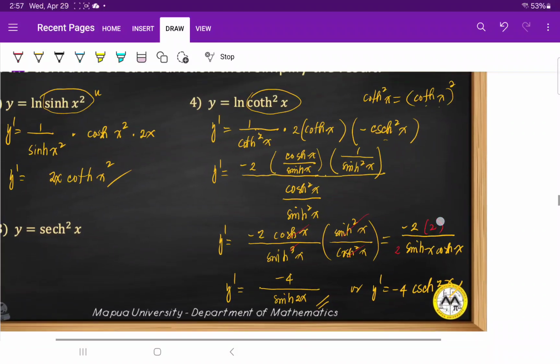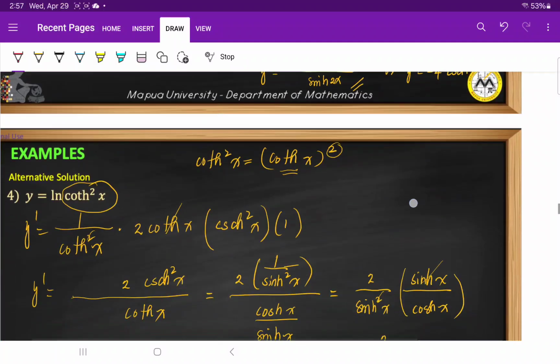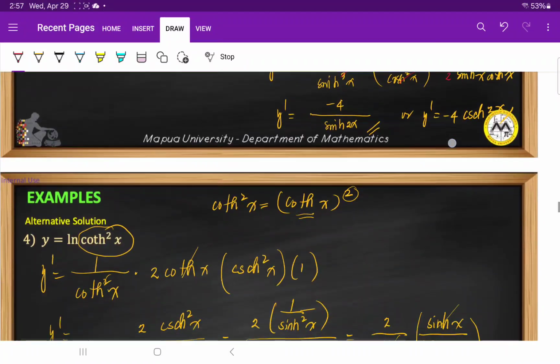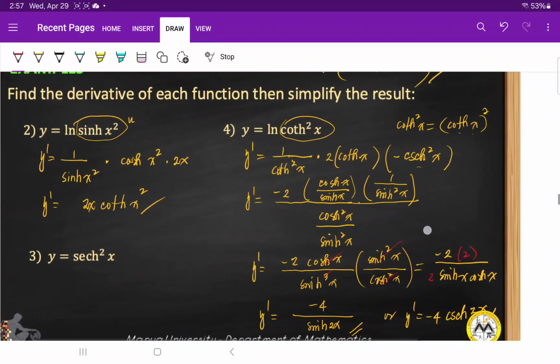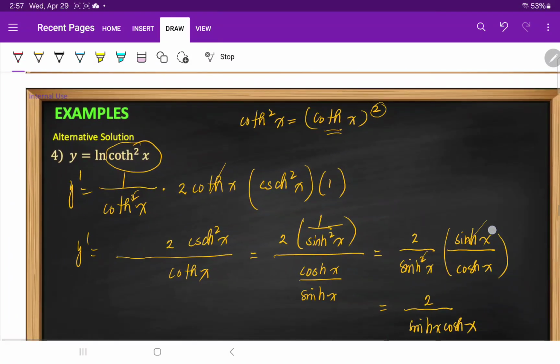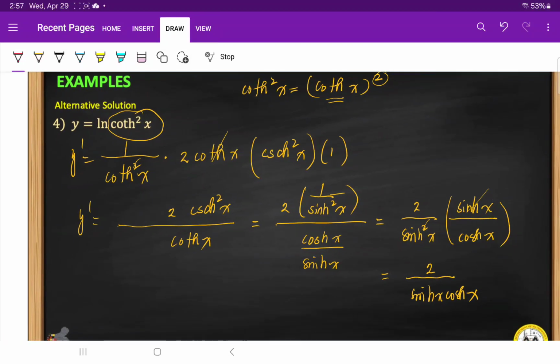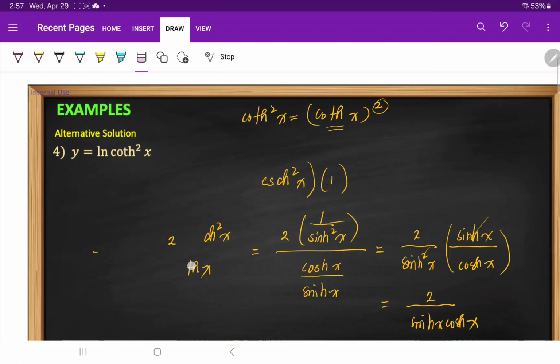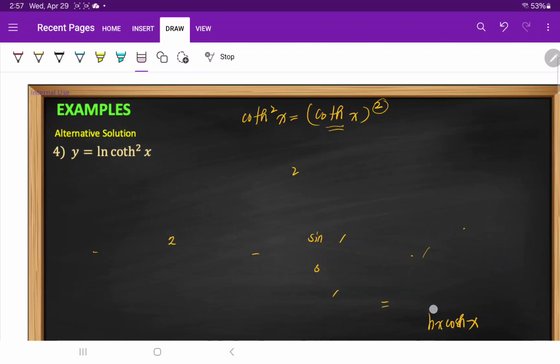That's correct. Ln of hyperbolic cotangent, it's exactly the same. We have the same solution, cosecant square. But it's negative. The first 3 are positive. So yeah, we're done with this one. We get the same answer. Actually, this should be negative. Hold on. Let's just erase this one. We did this in the previous number.